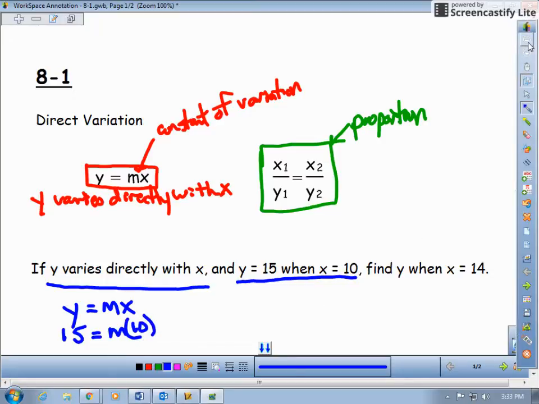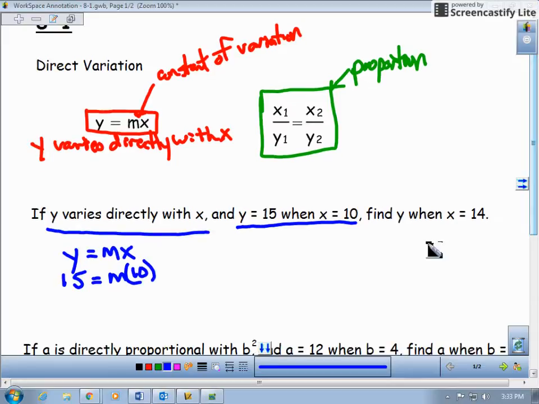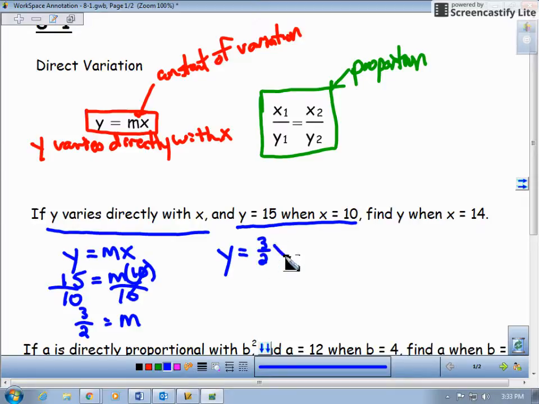If I was to solve here for this constant of variation, I would divide both sides by 10, and I would get m is equal to, divide by 5, 3 halves. So I know my variation is y equals 3 halves x, just plugging that m back in to the formula.